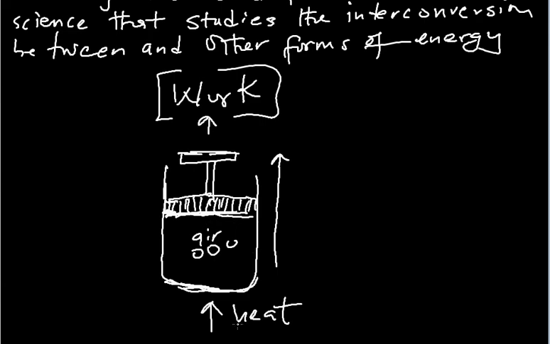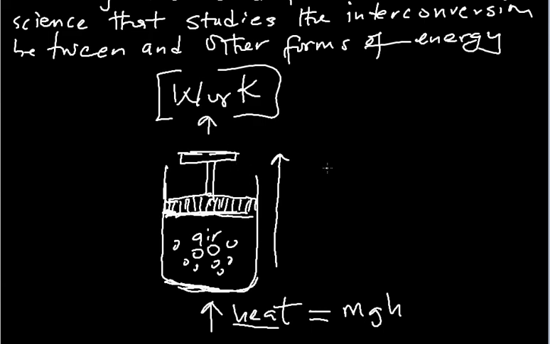This simply means that by the supply of this heat energy, you were able to do work, which causes the movement of the piston upward. So the heat energy, the internal energy of the gas, was converted to potential energy, which leads to the movement of the piston upward.